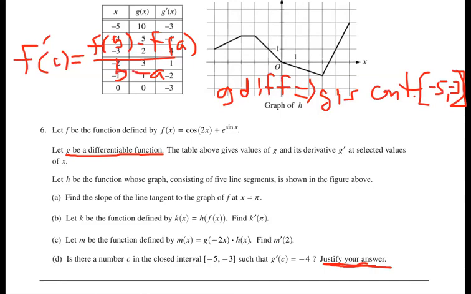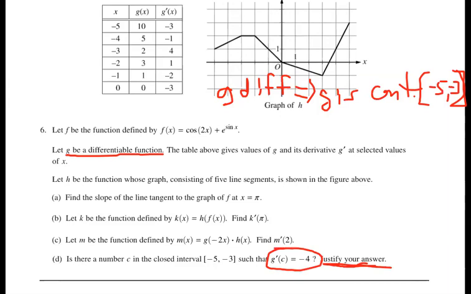So I'm going to erase that formula. So I need to find from -5 to 3 if there's a slope of -4. This right here is telling me that I want a slope of -4. So I'm going to use -5 and these two. Now, if these two don't work, I need to check the first one and the middle one, and the last one. I need to find it somewhere.